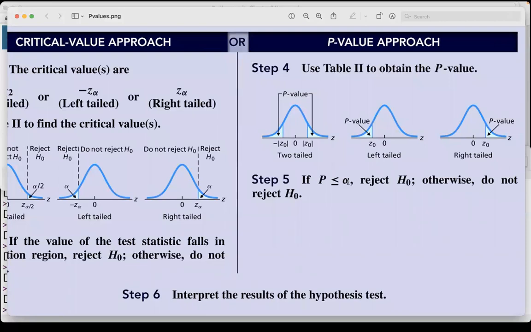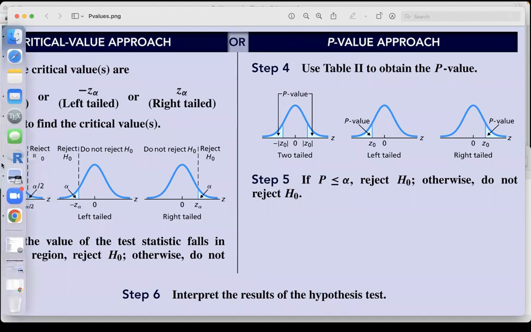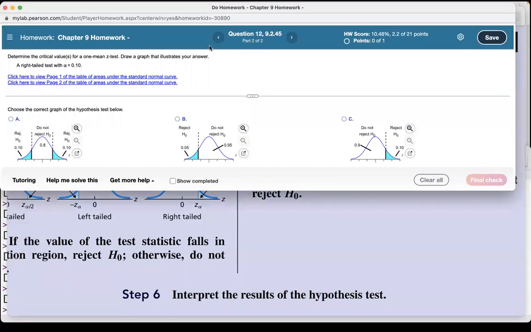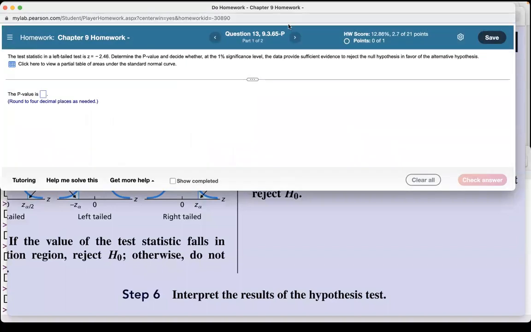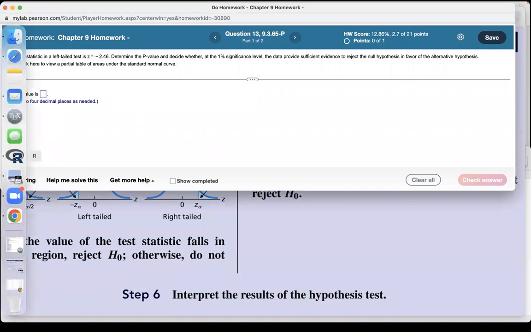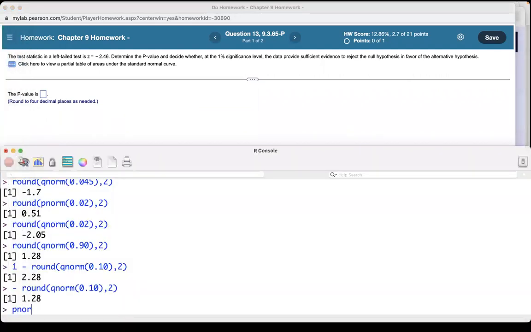And so you can use this to find the p-value of data as well. And so if you have, let's say, a standard normal, let's go ahead and find a problem where we have to find the p-value. So let's say I have a test statistic of negative 2.46. It's a left-tailed test. I want to find the p-value of this data. What I would do to find the p-value is I would use the p norm.